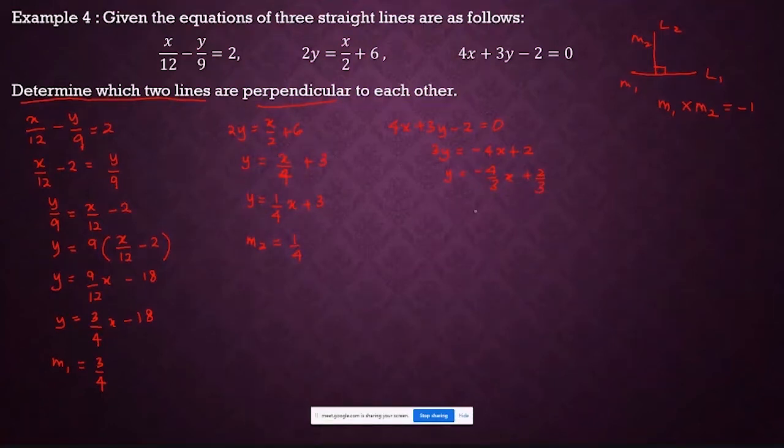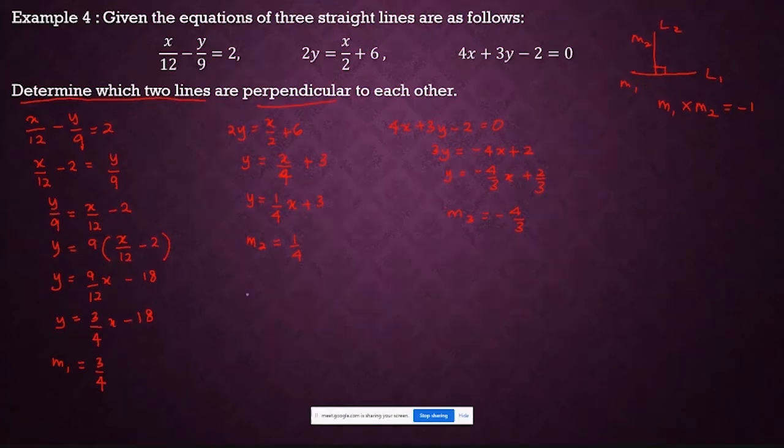Okay, so now you have the form y equal to mx plus c. So the gradient of the third line, m3, equals negative 4 over 3. Okay, so you check the value.